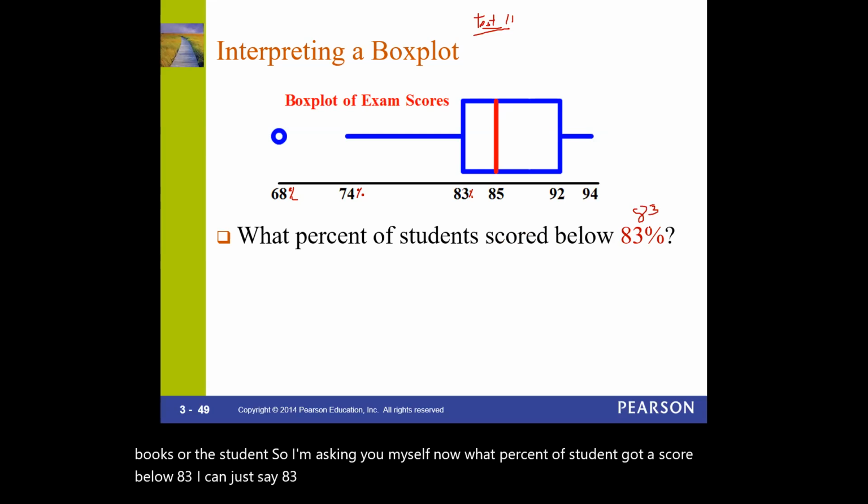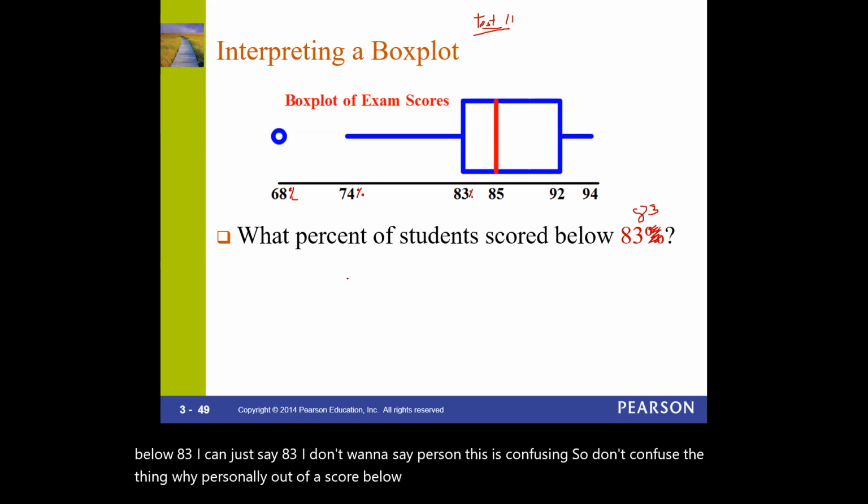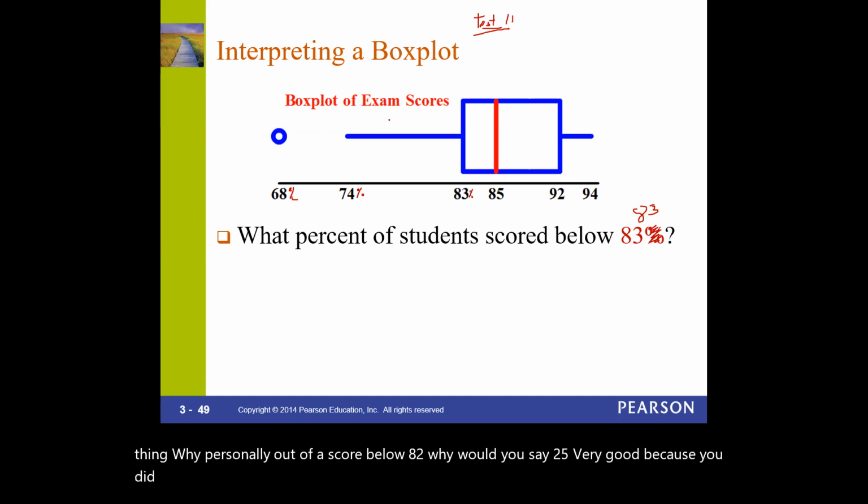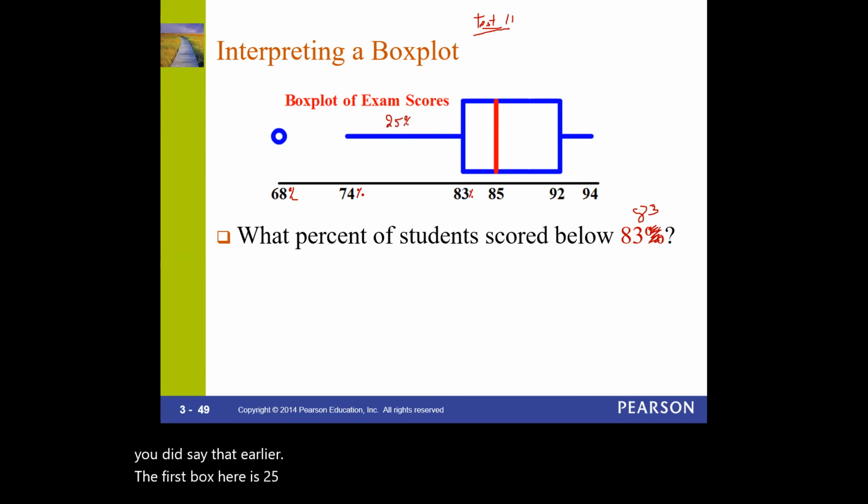This is confusing, so don't confuse the thing. What percent of students have a score below 83? What will you say? 25%. Very good. Because we did say that earlier, the first box here is 25%. This one is 25%. This is 25%. This is 25%. And that gives you 100% for everything.